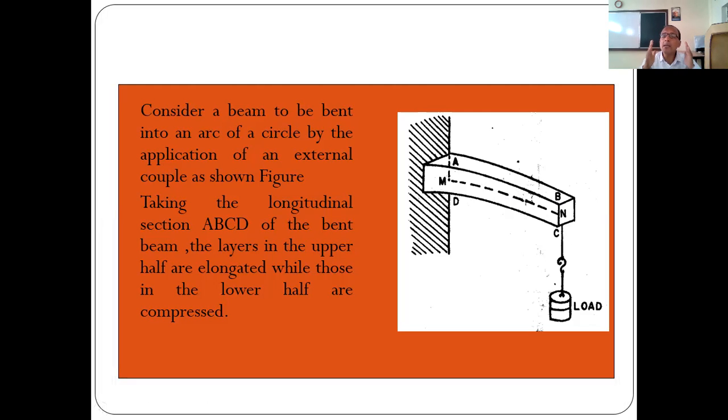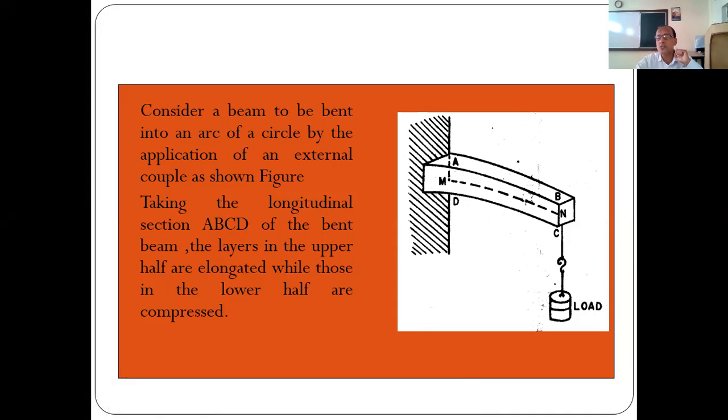That means when the beam, which is a long uniform rod consisting of different surfaces, is suspended from a rigid support at one end and the other end is loaded with some weight W, then under the action of this weight W, the couple is created in the beam, and under the action of that couple, the beam gets bent, a bending or depression comes in it.